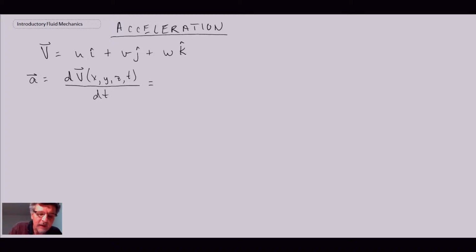And when we write this out, we get a formulation like this using the chain rule of calculus. We're using partial derivatives here because velocity is a function of more than one variable.